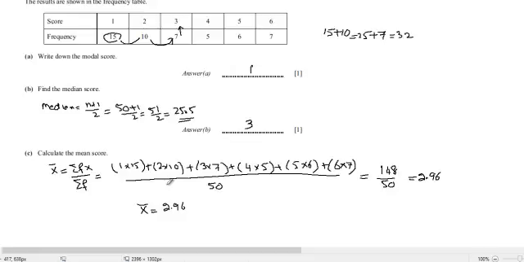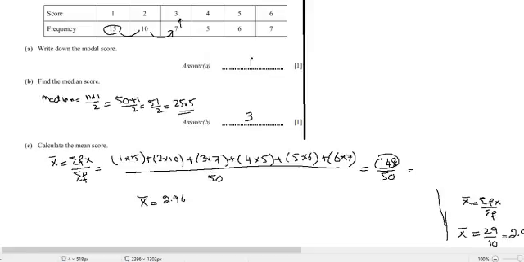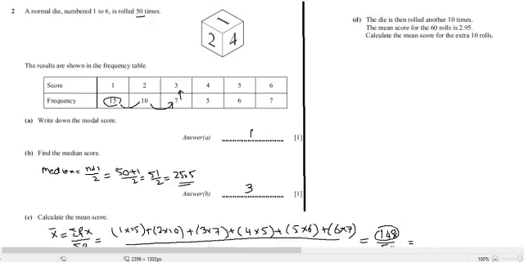So the next question is, the mean score for 10 more rolls is 2.95. Well, initially it was rolled 50 times, and the mean for rolling 50 times was 2.96, this answer. Now it is rolled another 10 times, meaning it is now rolled 60 times, and the mean is 2.95.